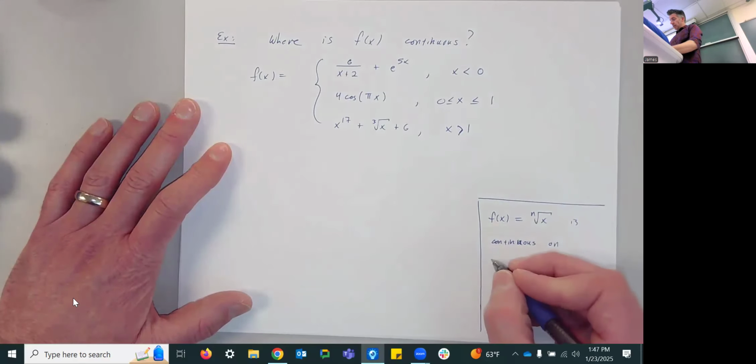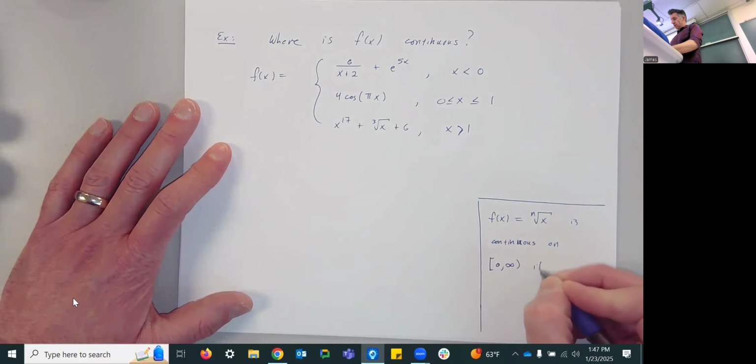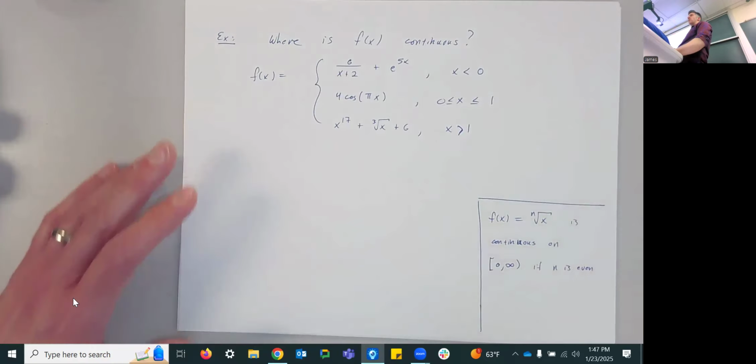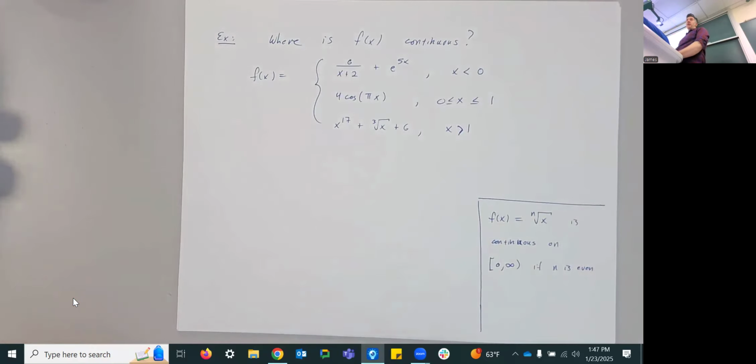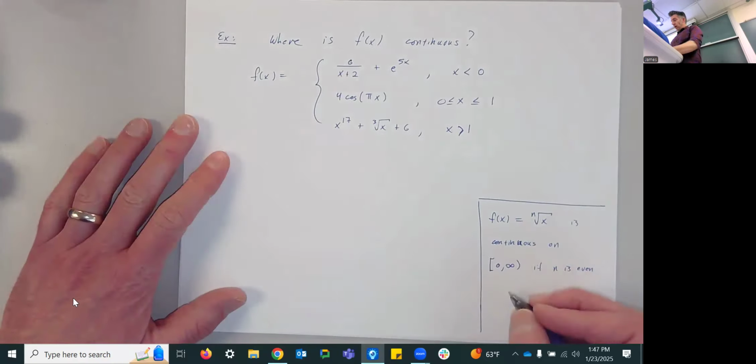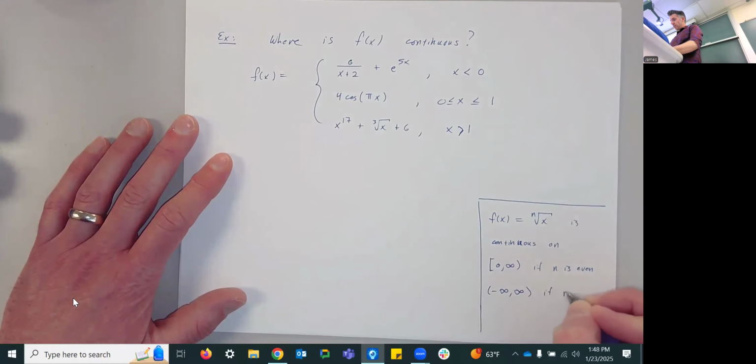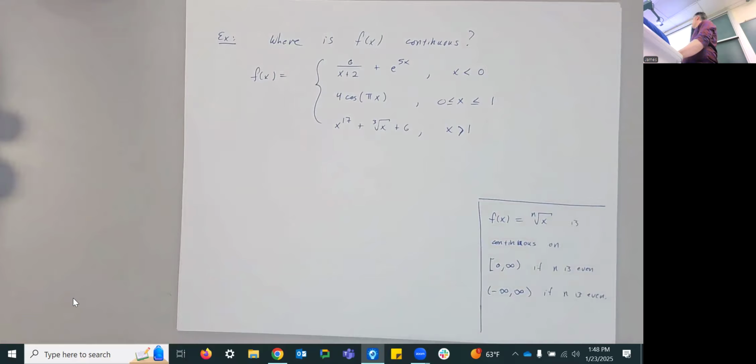It's going to be all non-negative numbers if n is even. If you have a square root or a fourth root or a sixth root, it's only defined for non-negative values of x. But if you have an odd root, then the function is defined and continuous everywhere. So the cube root of x is a function that's defined everywhere, which is nice.